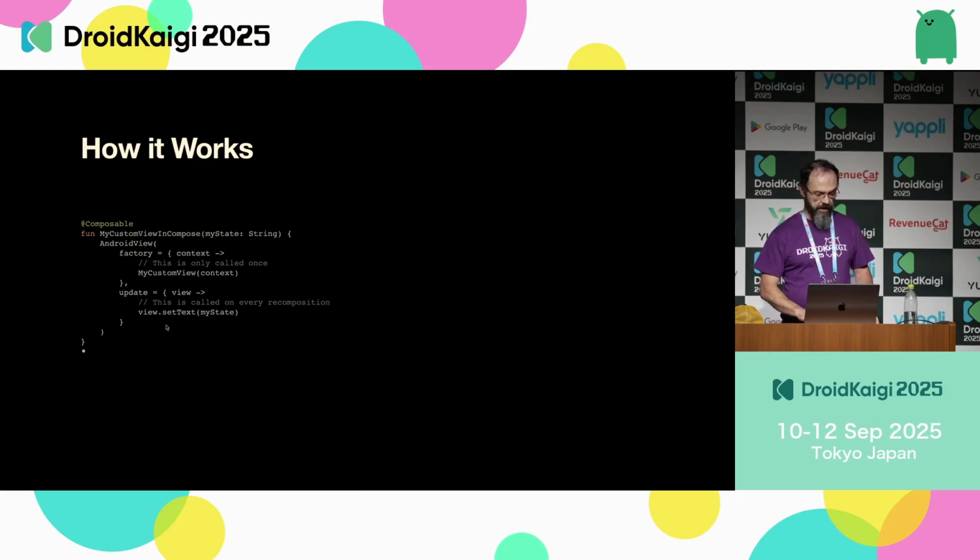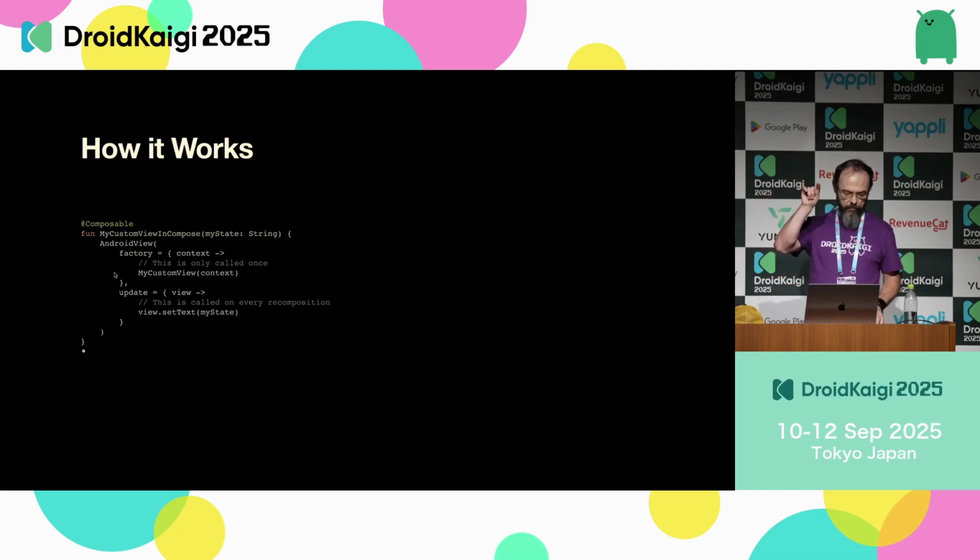Here we see a hello world with Android view. This is a very simple one. You see that we also have the composable annotation, and inside our view, my custom view in Compose, we call Android view. On the factory method, we have access to the context as a parameter, and we call the constructor of our view, passing the context.